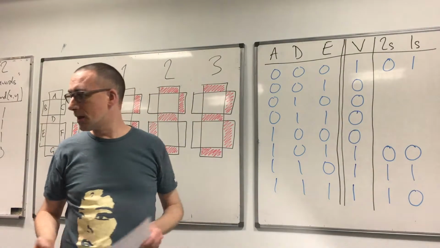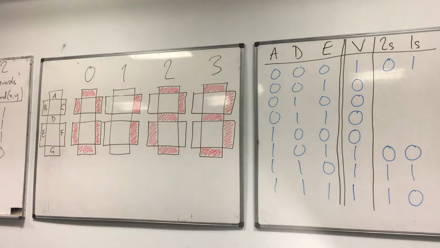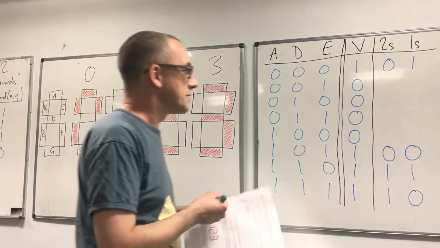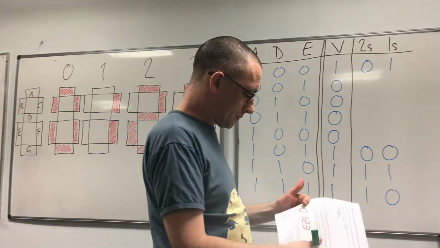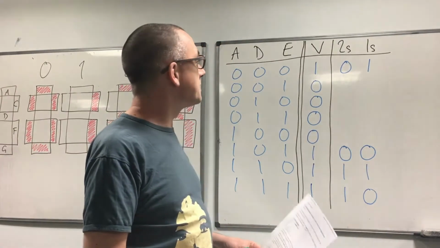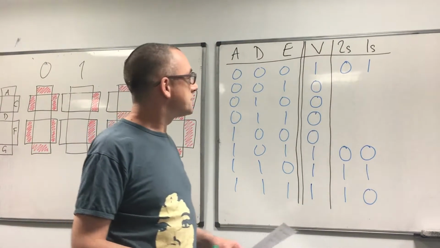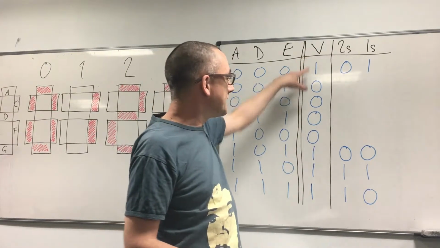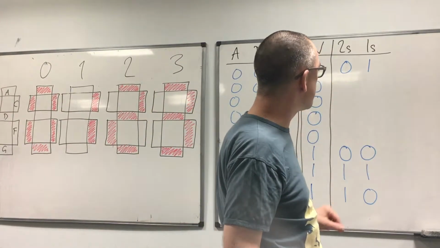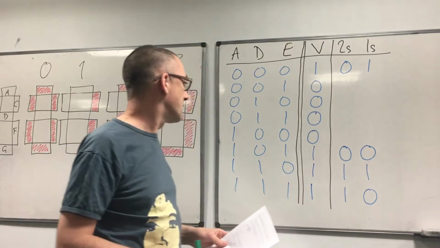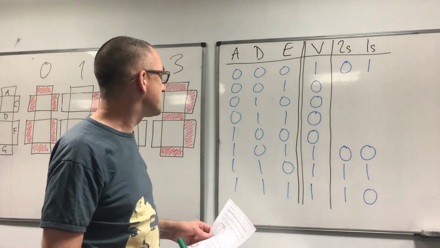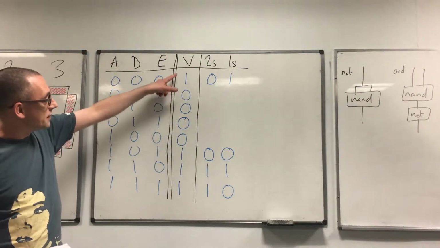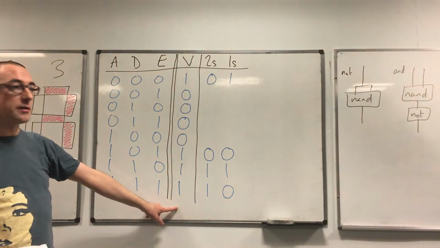Okay, so for the remainder of the question, we have to build a circuit using NAND gates, which first of all delivers V, and then in the case where V is 1, we have to explain how to compute 2's and 1's. So how will we build our circuit to implement V properly?